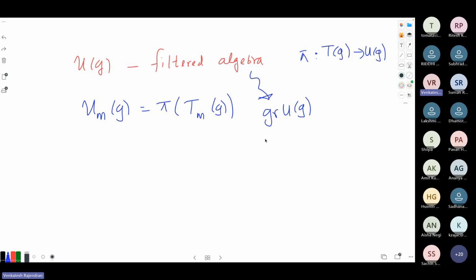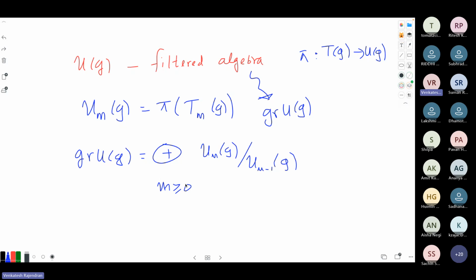Now, what can you say about this? Recall the grade of UG. This is nothing but the direct sum of UmG modulo Um minus 1 G, where m is from 0 to infinity. Now, this graded algebra, this is one version of the PBW theorem, asserts that this is indeed isomorphic to the symmetric algebra.